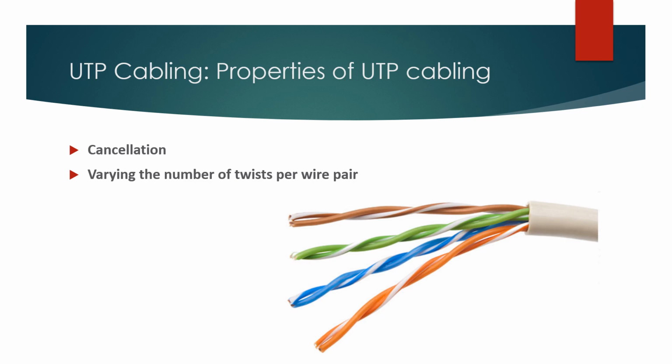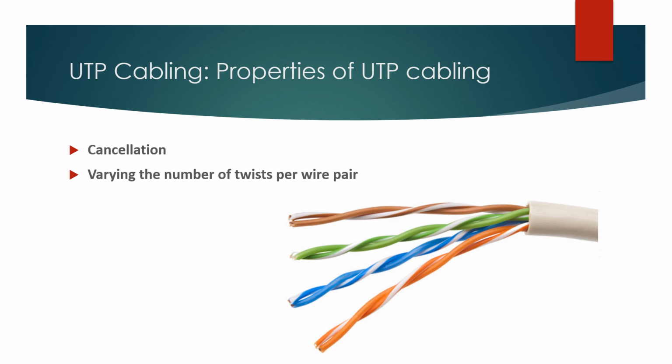Therefore, the two magnetic fields cancel each other and also cancel any outside electromagnetic interference and radio frequency interference signals. And the second one is varying the number of twists per wire pair. To further enhance the cancellation effect of paired circuit wires, the designer varies the number of twists of each wire pair in a cable.